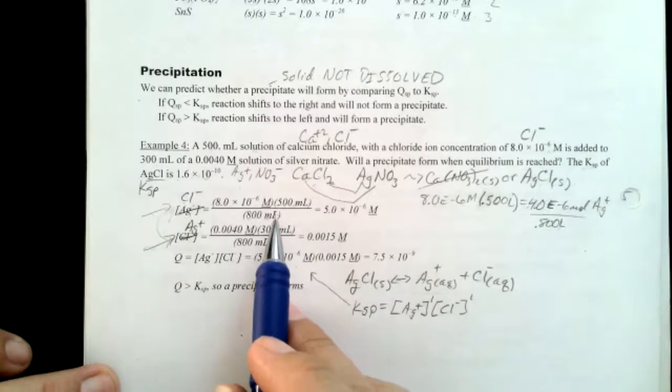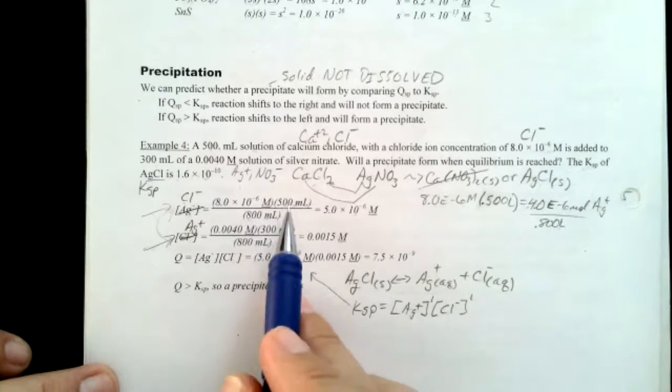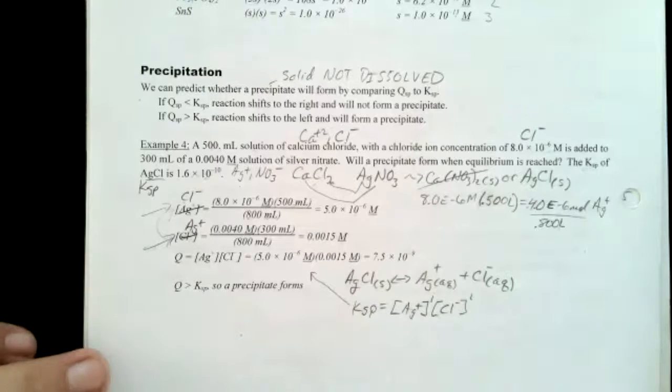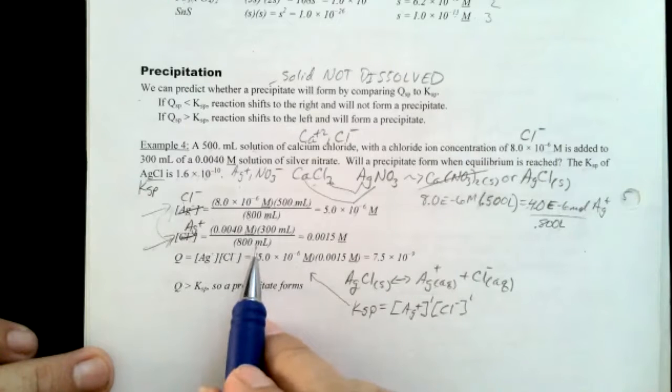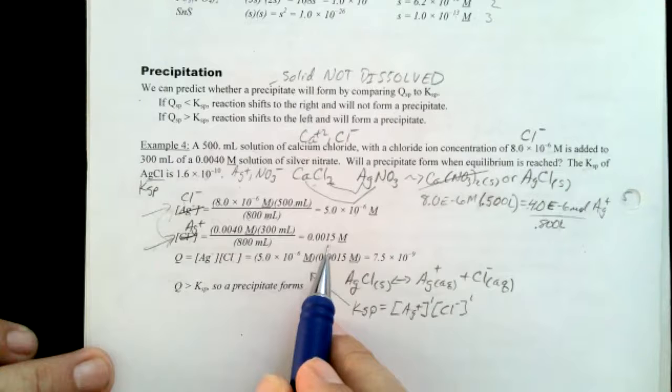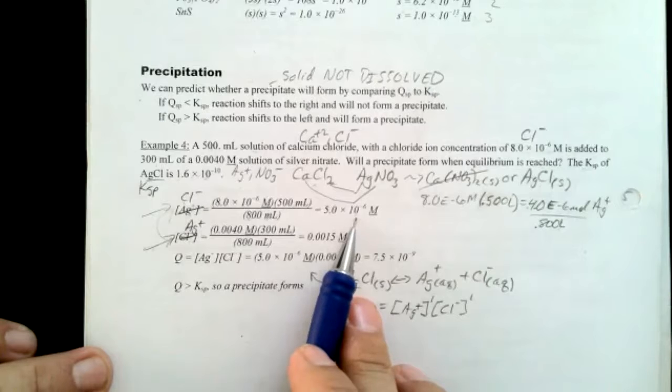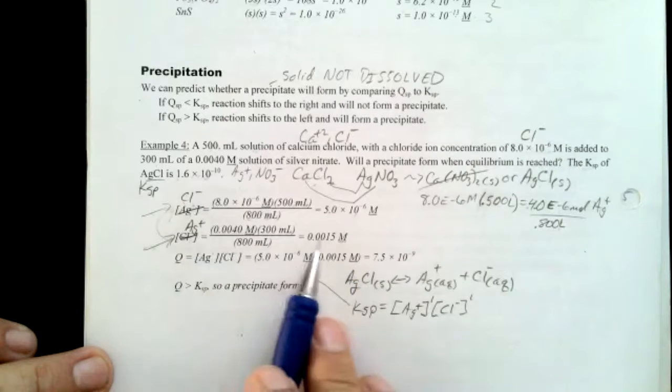If you do liters, you just get 0.5 over 0.8, and it's the same ratio, and you get the same answer, so no one really cares. And then we do the same thing. So this is the molarity of Cl minus newly created. This is the molarity of the Ag plus newly created.